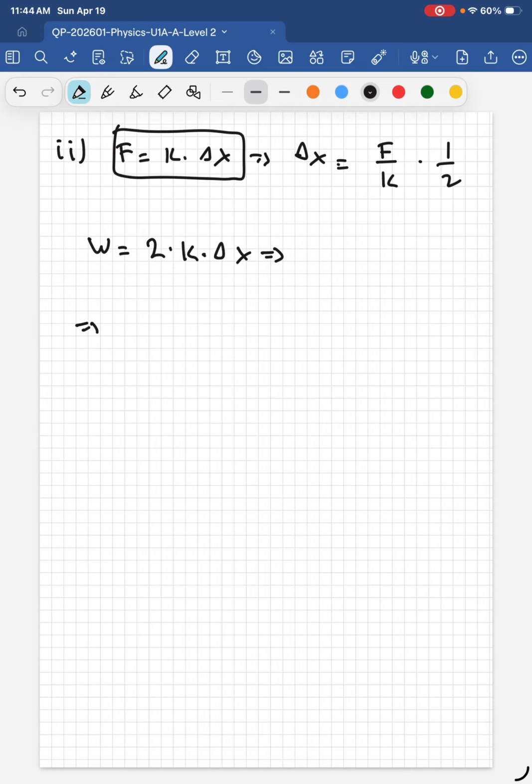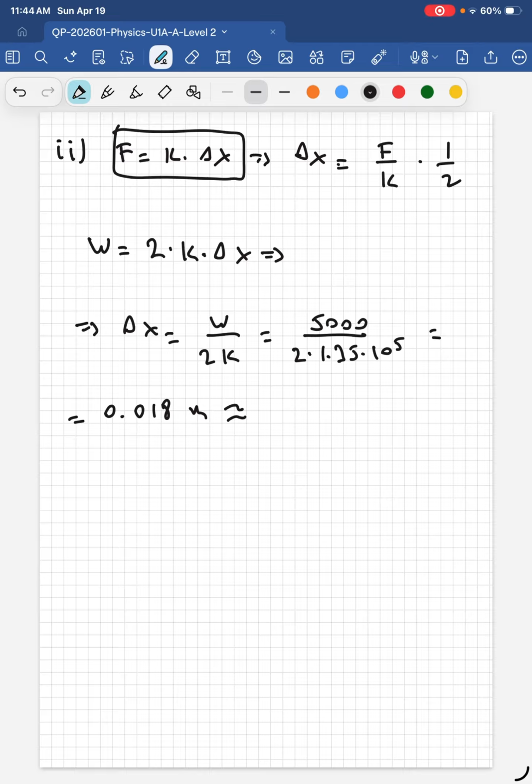So delta x is weight over 2k. So 5,000 newtons over 2 times 1.35 times 10 to the 5, which gives 0.018 meters, about 0.02 meters. Okay, that's the answer.